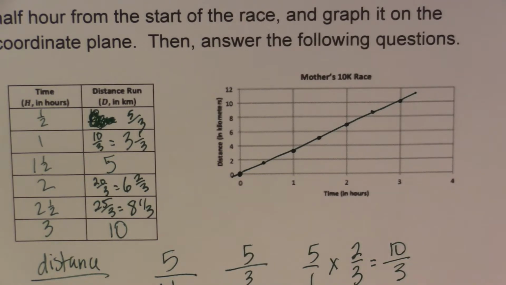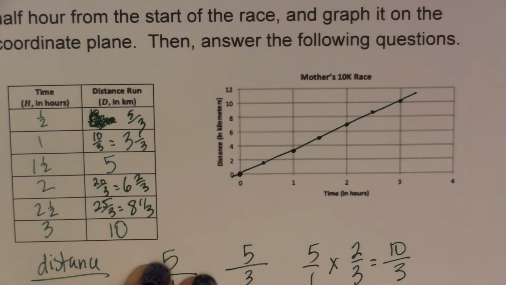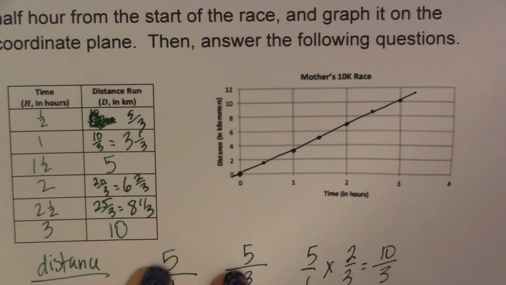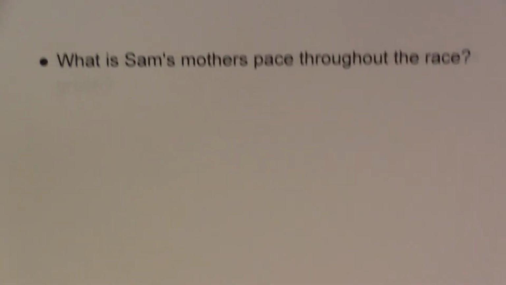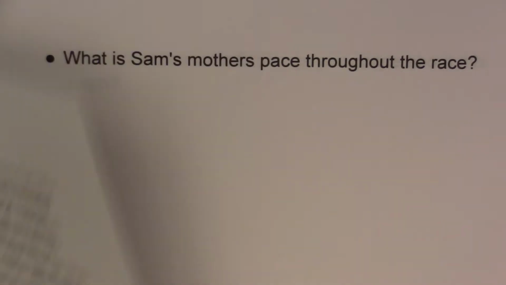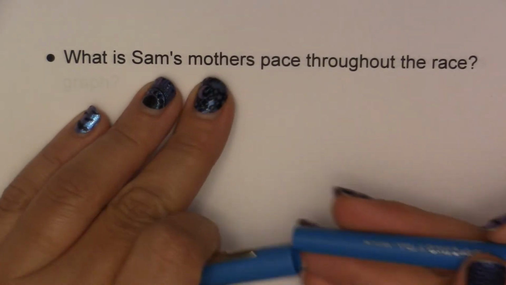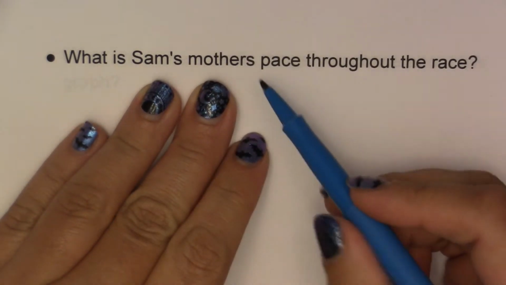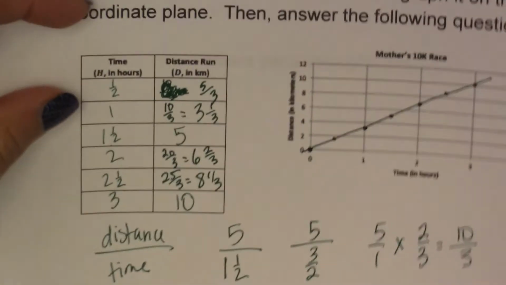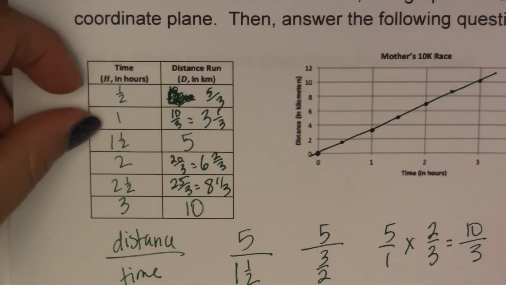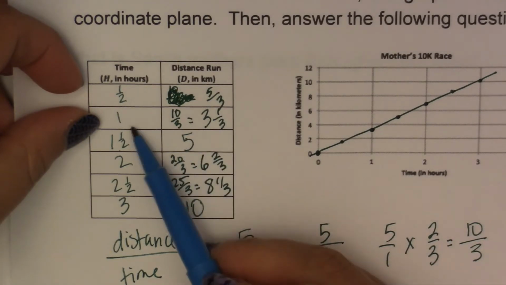All right, so now we're going to use our graph to answer some questions. What was Sam's mother's pace? Focus back in, camera. What was Sam's mother's pace throughout the race? Well, from our table, if we're talking about her pace, we would be talking about her distance per hour or her speed.